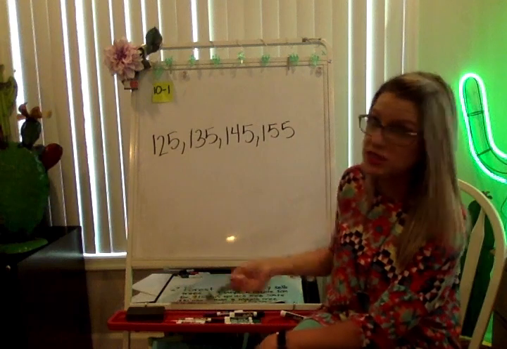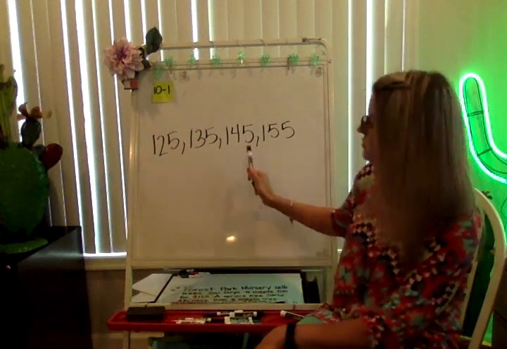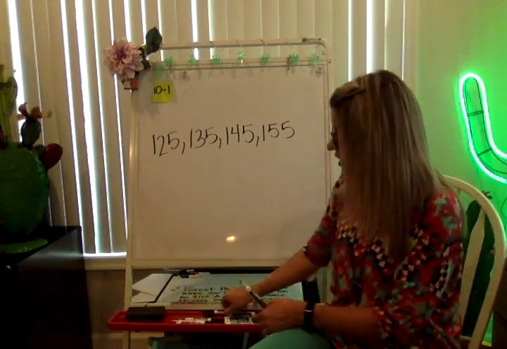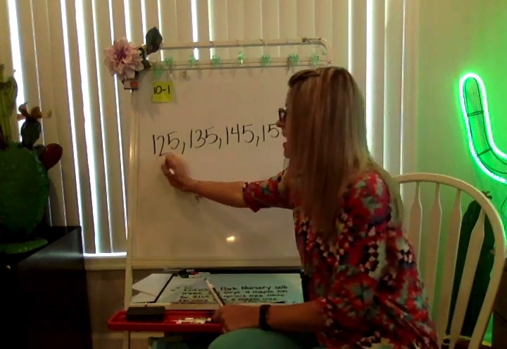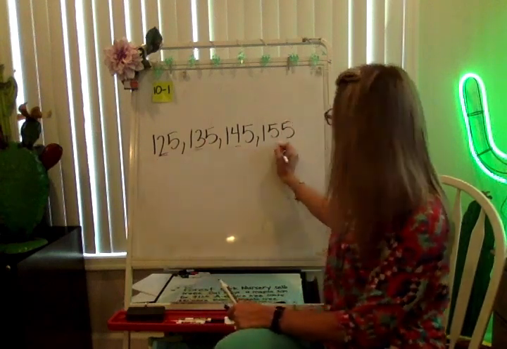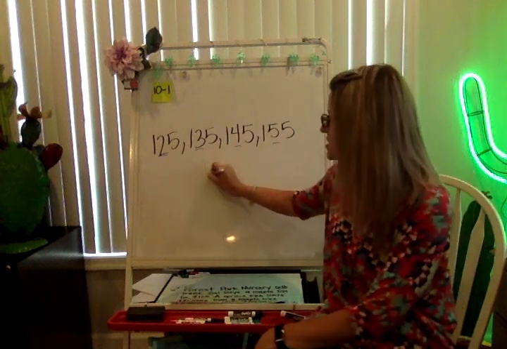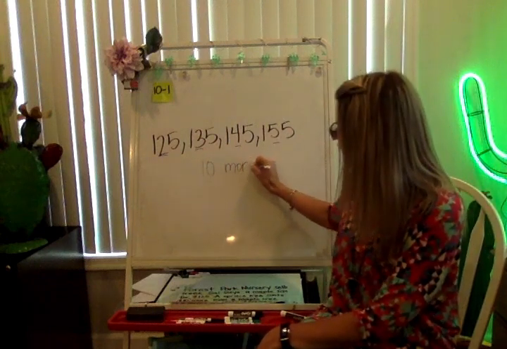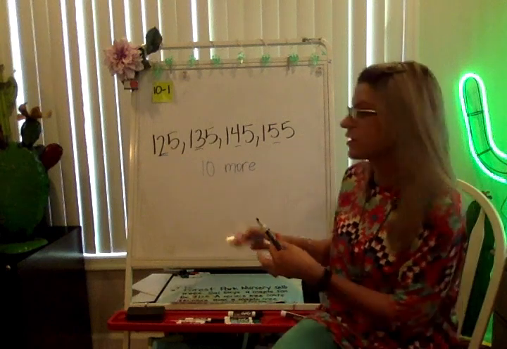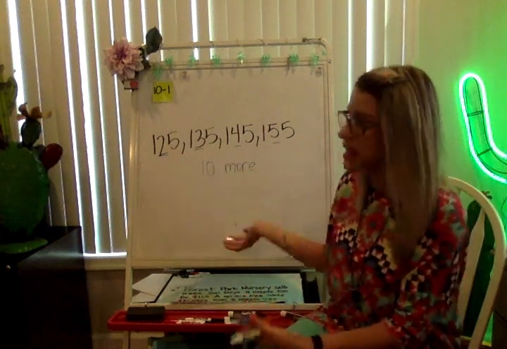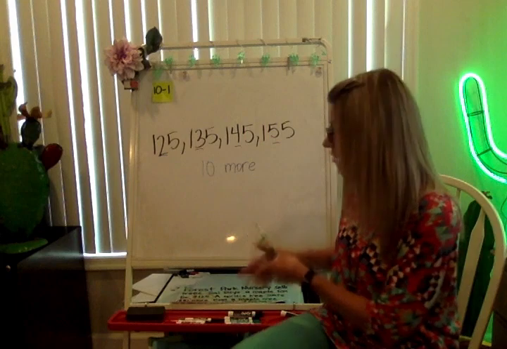What do you notice? Take a glance at this tens place. These are all increasing by 10. So the pattern would be add 10 more. That's the pattern. We're going to be able to do this mentally when we see math problems.